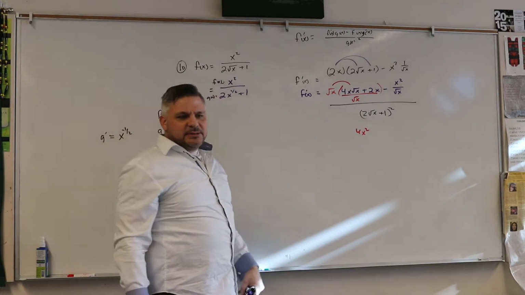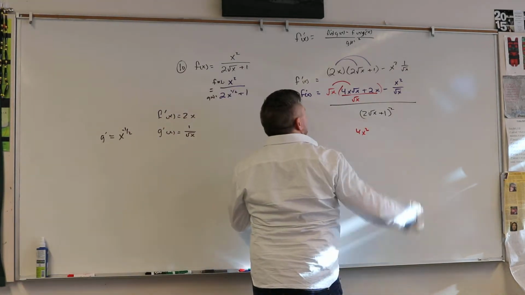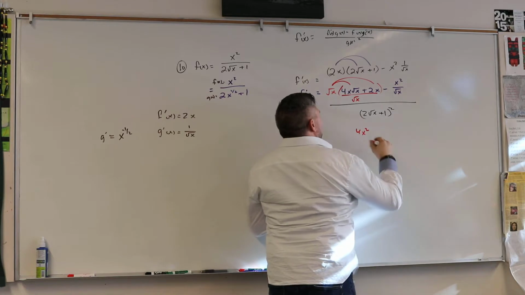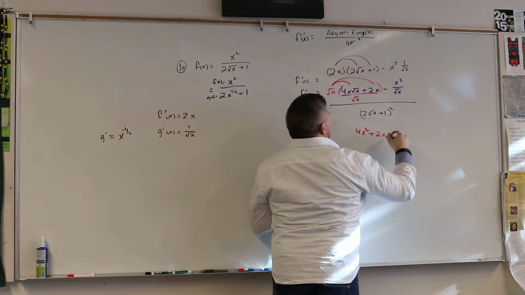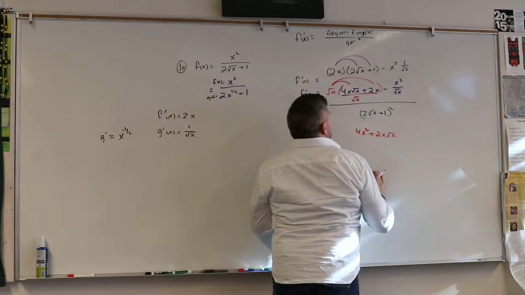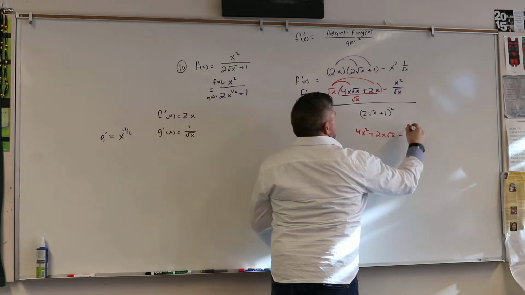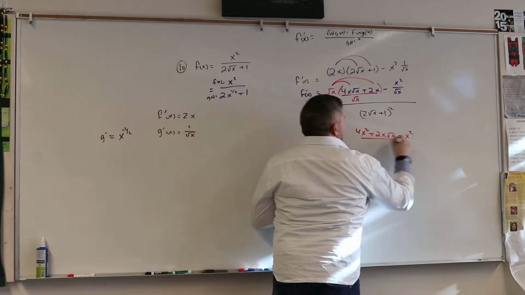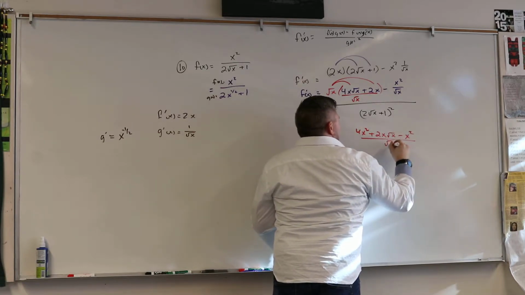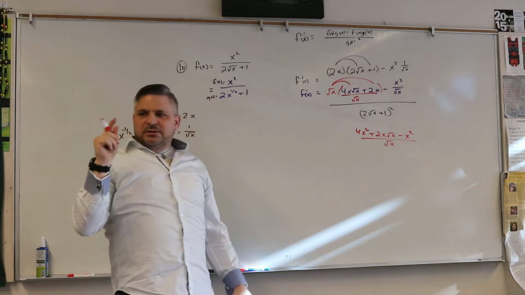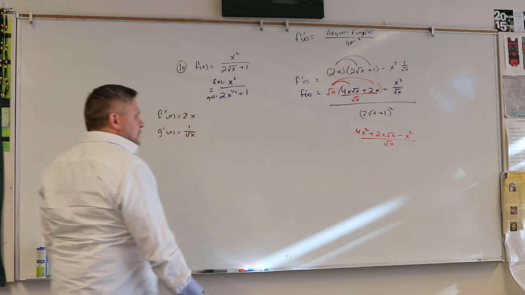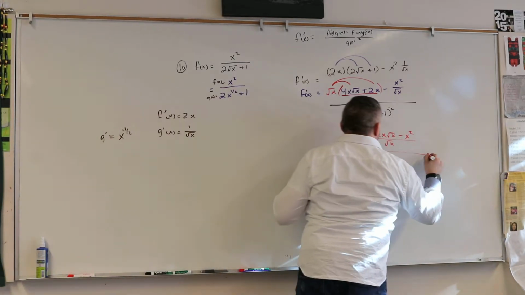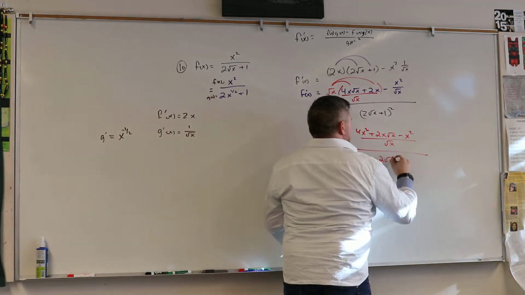So that's 4 times x squared. And then you have plus 2x square root x. Okay? Minus x squared all over the square root of x. See how that 1 becomes both of them. Okay? All over 2 square root x plus 1 squared.